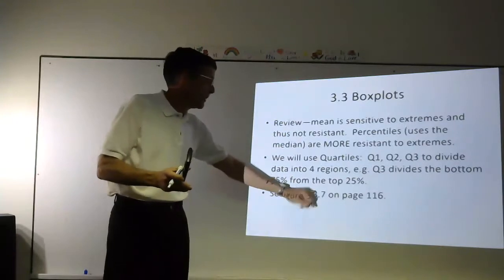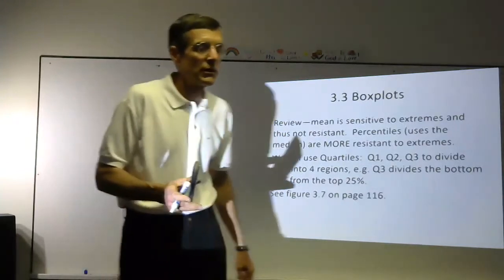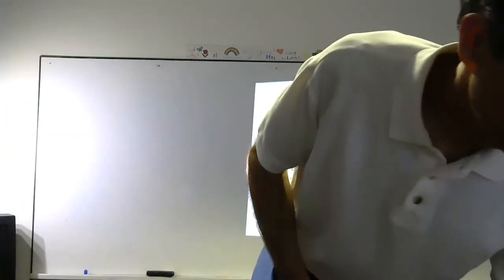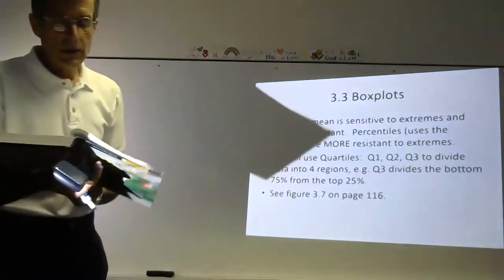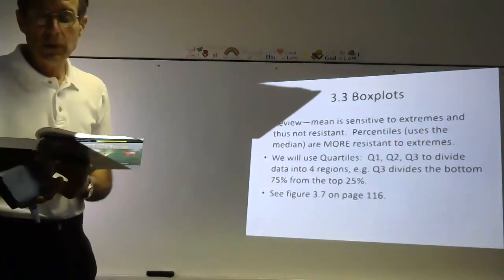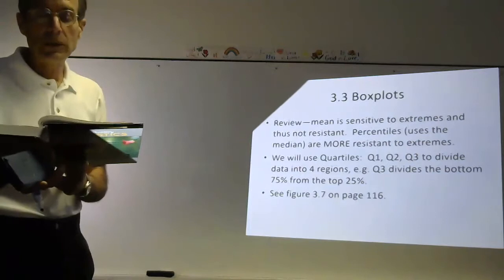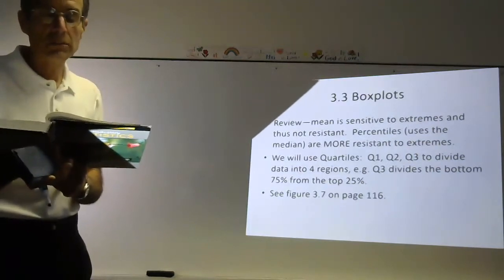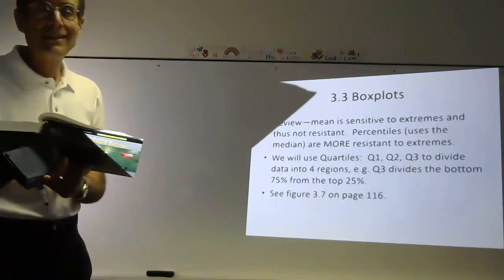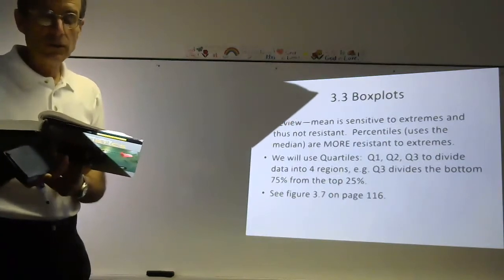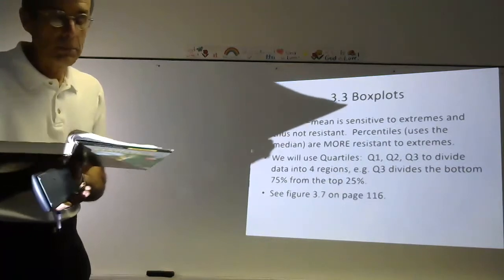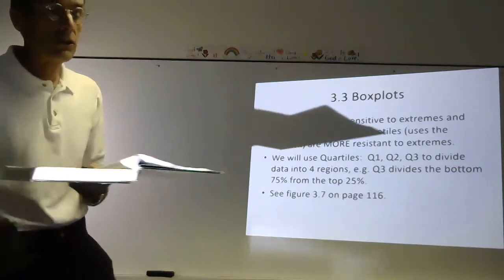Let's check out figure 3.7 on page 116, way at the top of the page. 3.7 shows you how, if you divide your data and you have different kinds of data, what it's going to look like: left skewed, right skewed, uniform, bell-shaped. It simply divides the data so that there's 25% of the data in each part, okay? And depending upon the shape, it's going to look different.